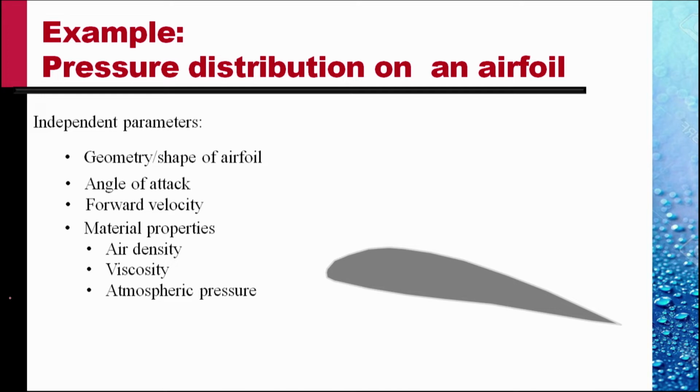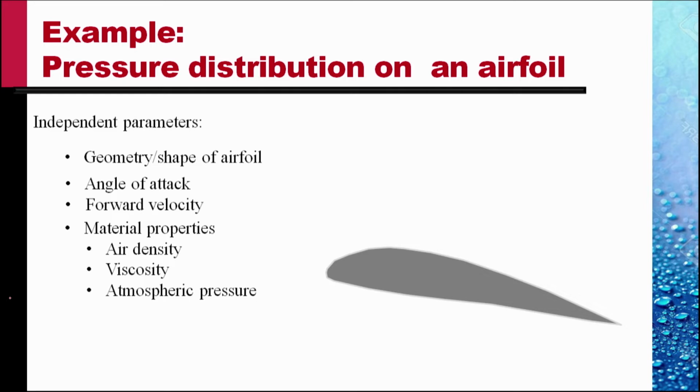Material properties, the air density, the air in which the airfoil is moving, the viscosity of air, the ambient atmospheric pressure. These are all independent parameters. They do not depend upon the phenomena. They are not results.